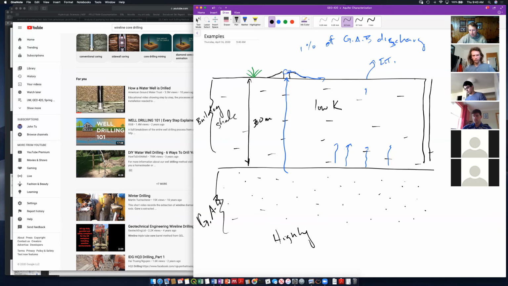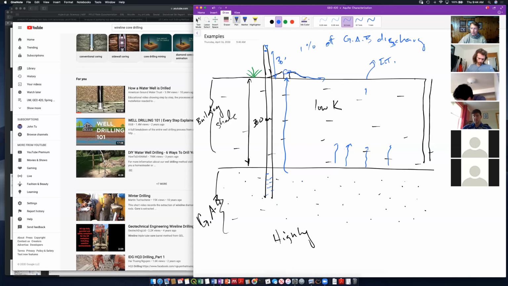So the wells in this area that drilled through the GAB and were finished into the GAB, the head is 10 meters above land surface. All right, so 30 feet is how high the water stands above the land surface if you complete a well down in the Great Artesian Basin. So they're really, really artesian.